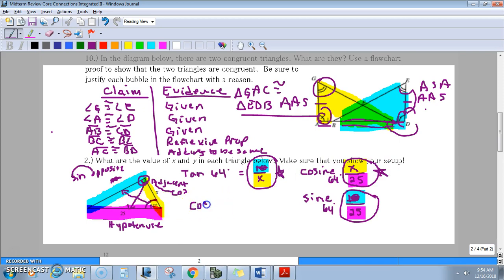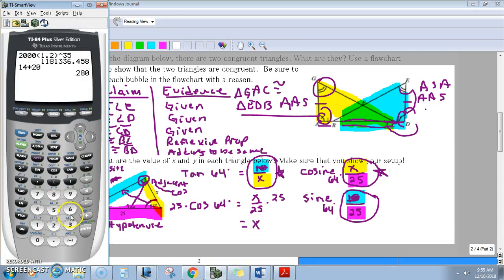The cosine of 64 degrees is equal to x over 25. To get x by itself, we multiply both sides by 25, and that cancels out. So x is equal to 25 times the cosine of 64.